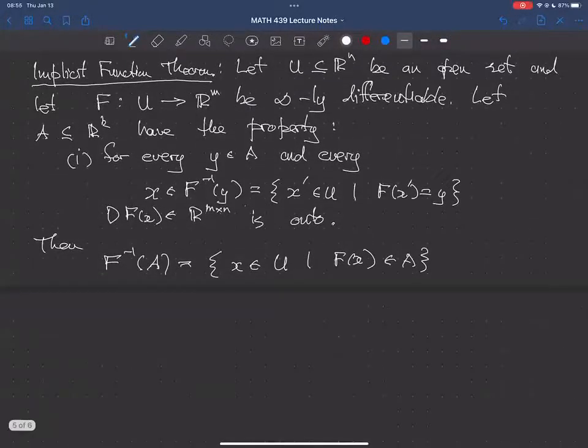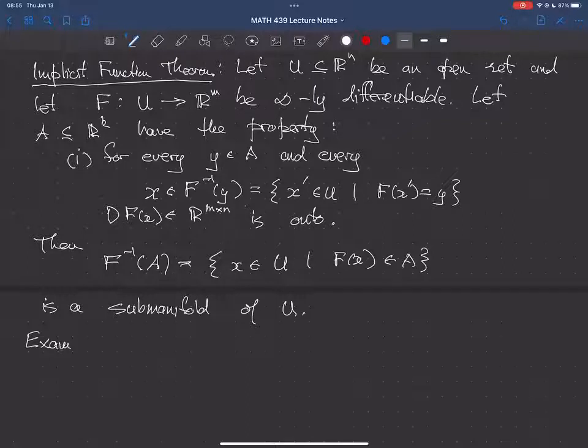Okay, so that's the implicit function theorem. Let's take a look at how we can use the implicit function theorem to build manifolds in a simple way.